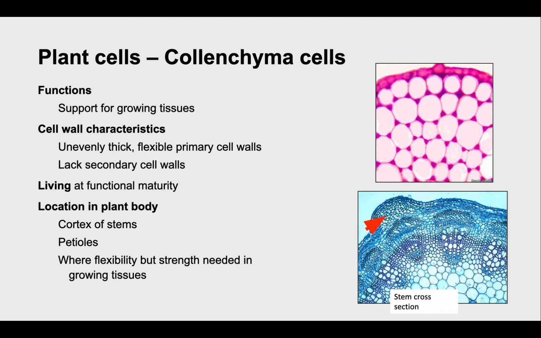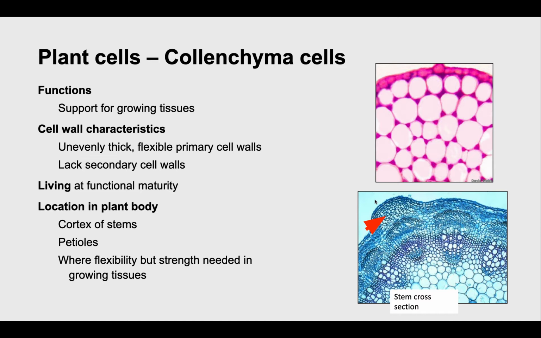These cells are also living at functional maturity. So when they are providing support for growing tissues, they are alive. We can find these cells in the cortex of stems, right? So again, in ground tissue, in petioles, and anywhere else where we need to have flexibility but strength.